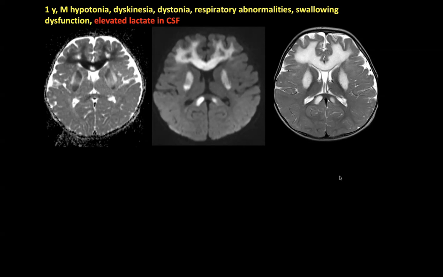First of all, in this ADC map on the left and the DWI sequence at the center, you can see this striking diffusion restriction, also involving the basal ganglia and the posterior aspect of the corpus callosum. The changes on T2 are extremely florid, extremely hyperintense, and of course, in this case, we also have the benefit of knowing that the child has an elevated lactate in the CSF.